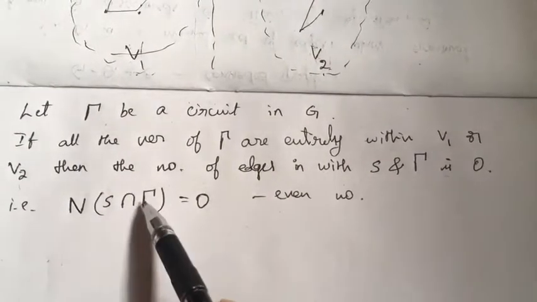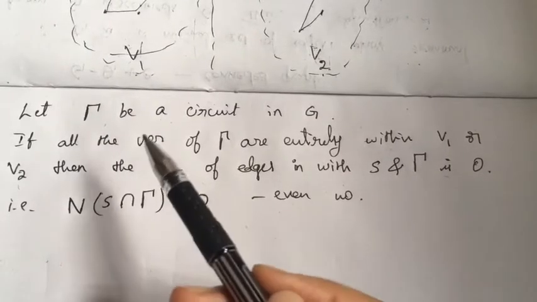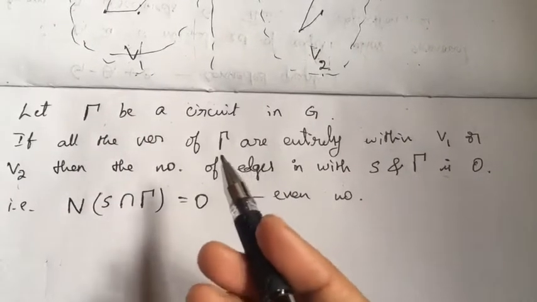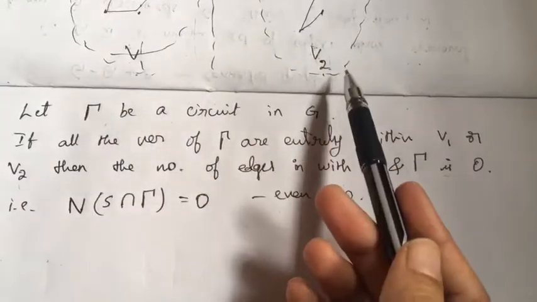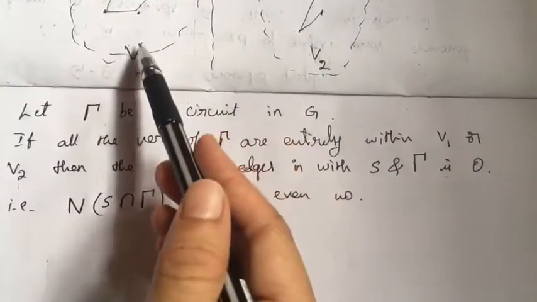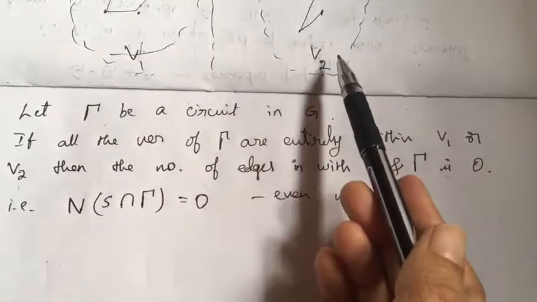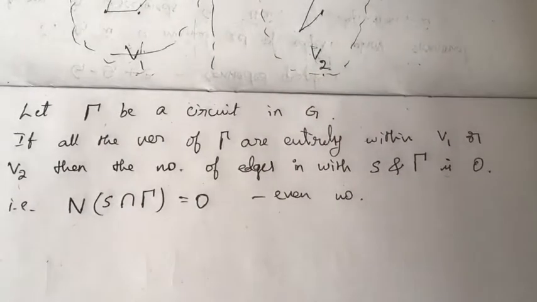Now the situation is different if the circuit gamma has edges whose end vertices are both in V1 and in V2. Some end vertices are in V1 and some are in V2, so what happens?